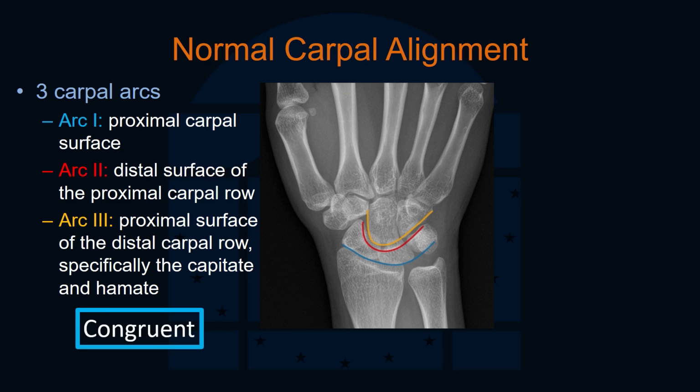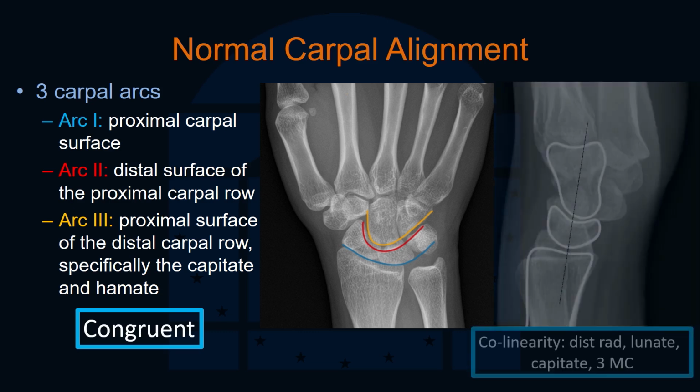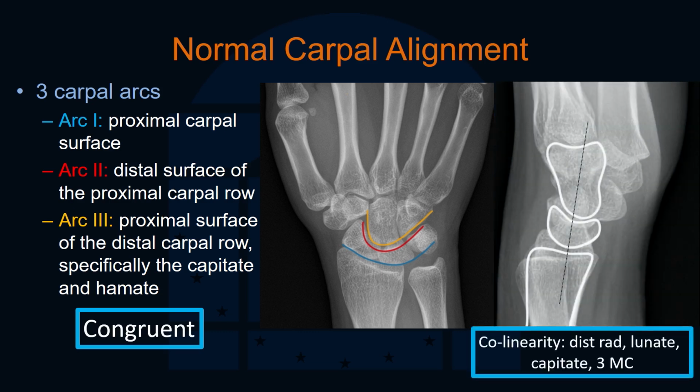And on the lateral radiograph, we should look at that collinear relationship of the distal radius, the lunate, and the capitate. And then on that frontal view, that second and third arc, especially that area, can get a lot of overlap when we have abnormalities. So pay attention to these lines and this alignment.